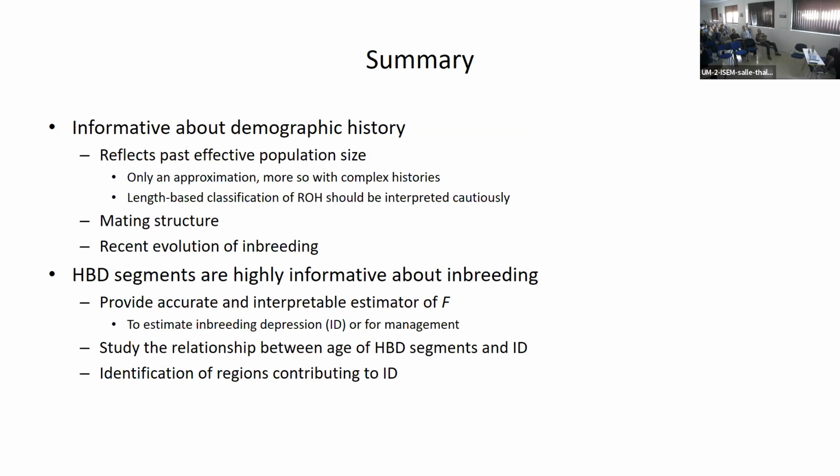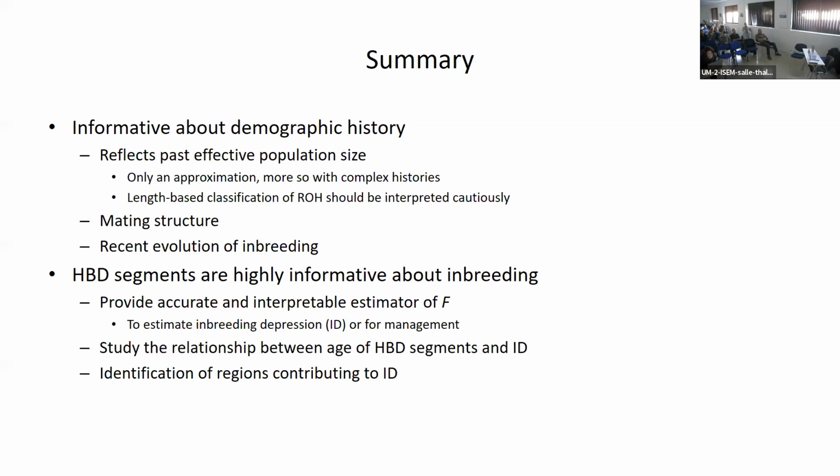So to conclude, I tried to show you that runs-of-homozygosity are informative about the demographic history, but this is only an approximation, and in particular with length-based classification of runs-of-homozygosity, we should be very careful. They can also be used to understand the mating structure or look at the dynamics of inbreeding.